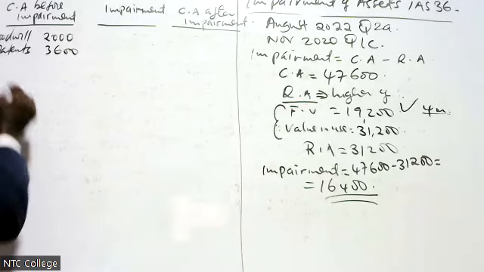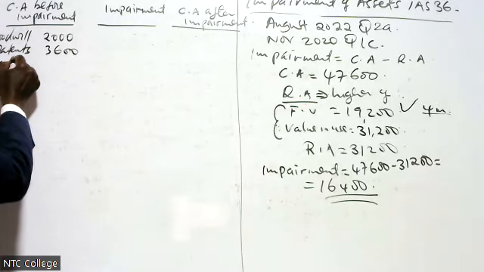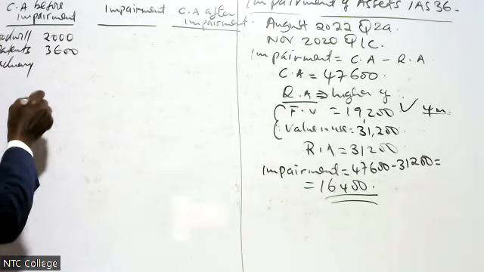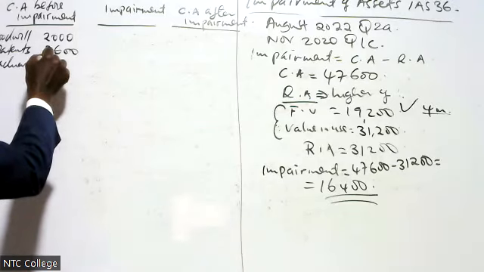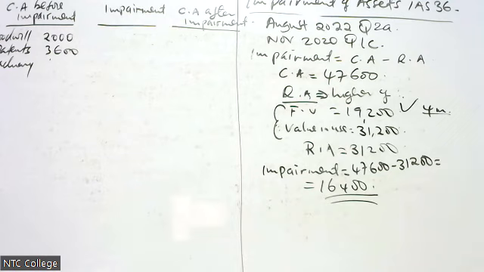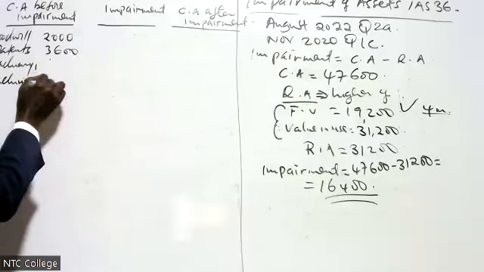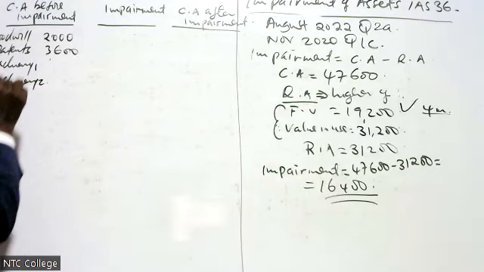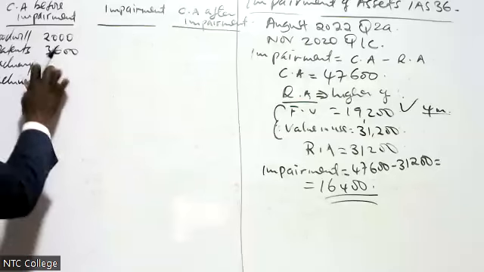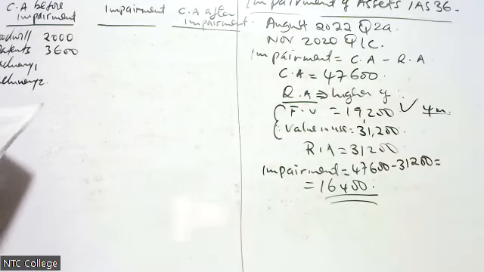I have machinery, with the value of 4,000. But on machinery, let's put machinery 1 and machinery 2. I want to show you something there. So that the examiner in note number, listen very carefully.